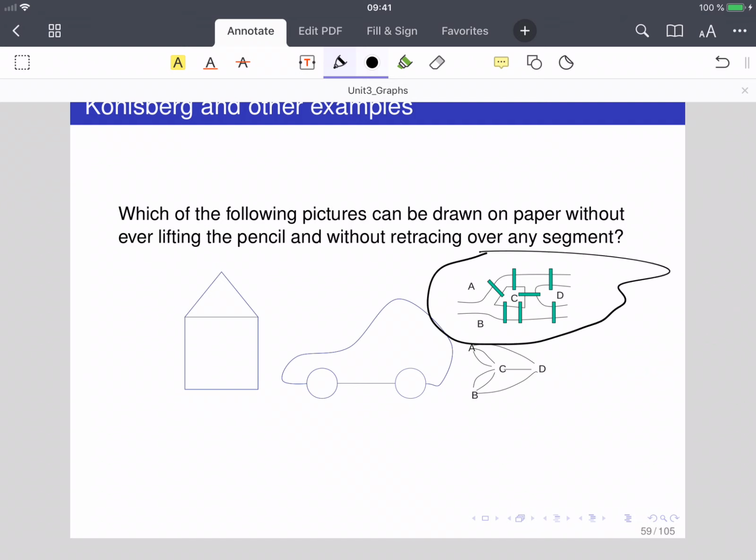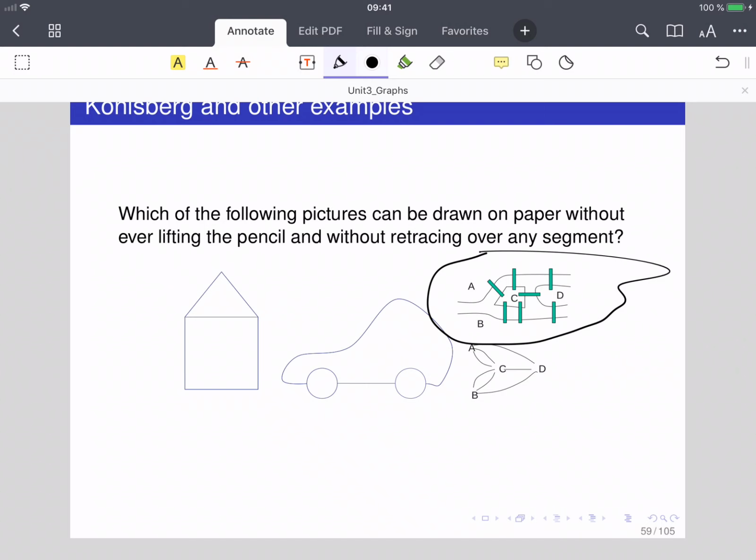Okay, and the problem was whether it was possible to follow all the bridges one by one and without repeating any of the bridges. Okay, you could start in a place and end in a different one, or start in a place and end in the same place, but you had to follow all the bridges just once, and all the bridges must be followed.